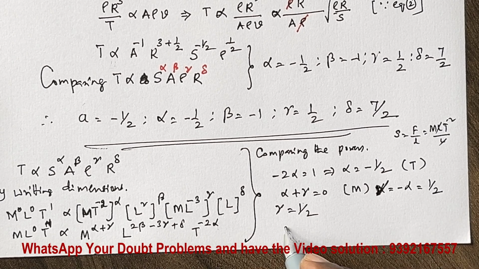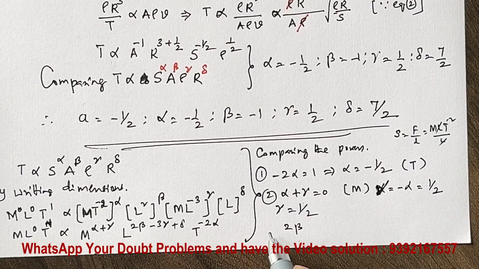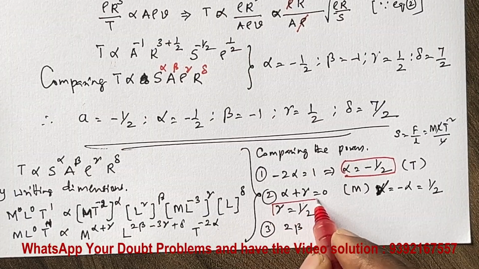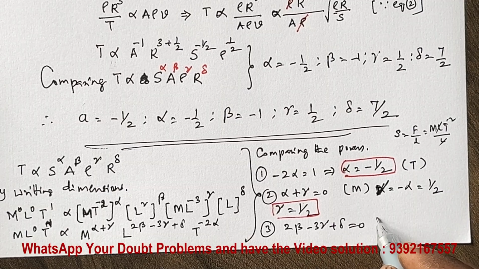Third one is 2 beta. This is first equation, this is second equation, third equation. So in the first equation alpha you can get, beta you can get, gamma you can get. Third equation: 2 beta minus 3 gamma plus rho is equal to 0. This is comparing length.